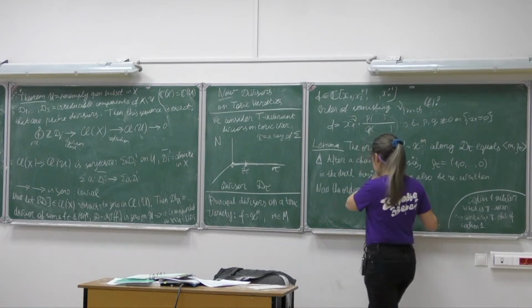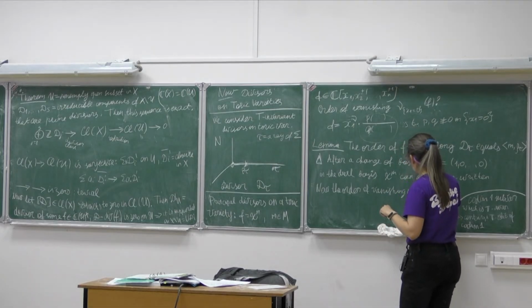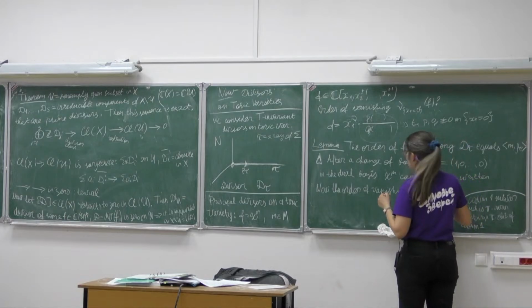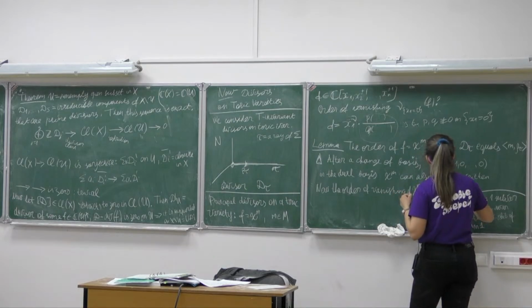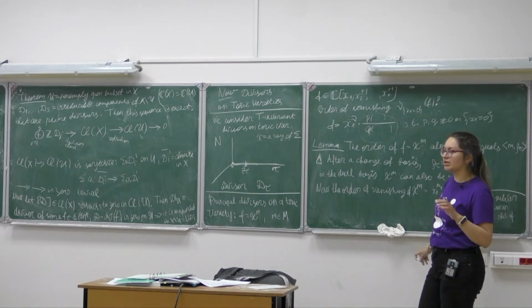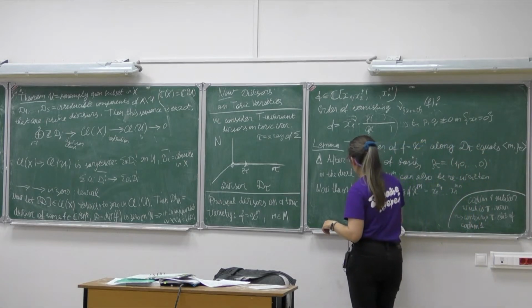What is chi m? This is x1 to the power m1, etc., xn to the power mn. We have some ambiguity of notation, but I don't want to write both bases.